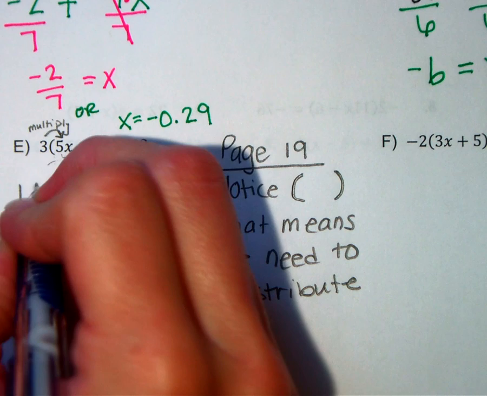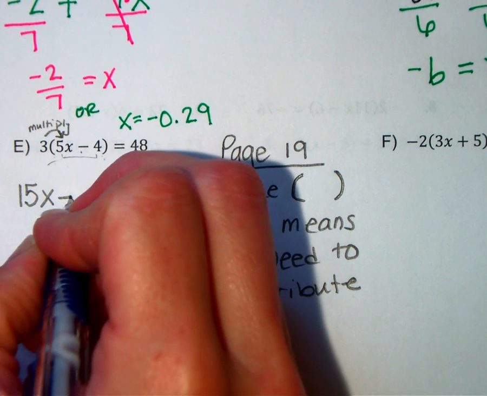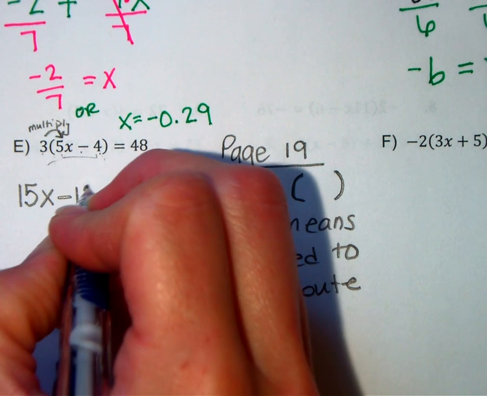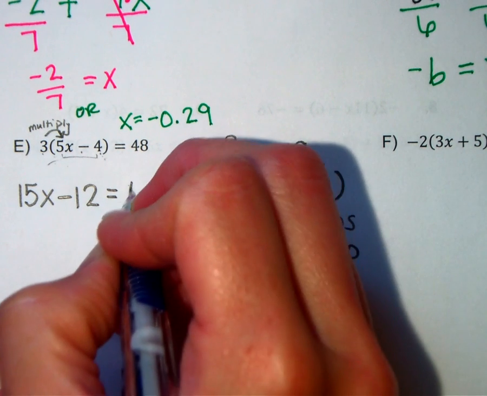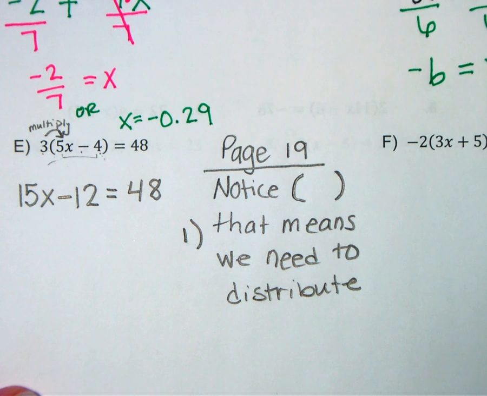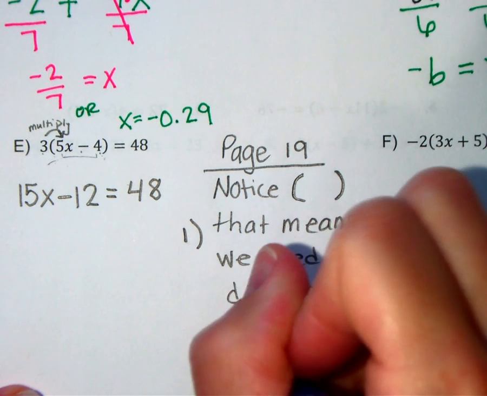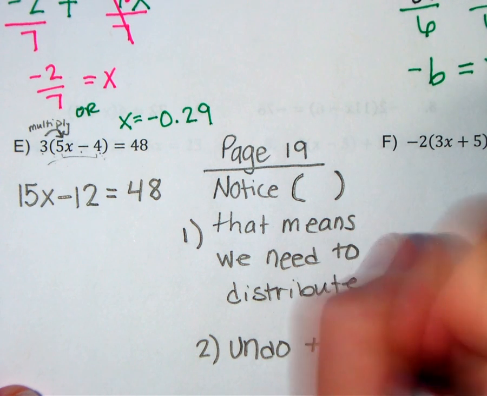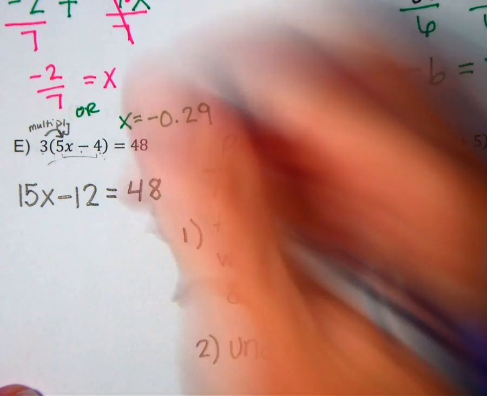So 3 times 5 is 15 x's minus 3 times 4 is 12 equals 48. Now I go back to my last 2 steps, which is undo any addition or subtraction. Undo that part first, and then I'll divide.